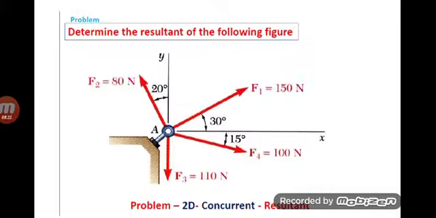This is 2D, so we are considering only the X and Y plane. There are also angles at which the forces are acting. So this problem comes under 2D and concurrent, and we are going to find the resultant. How to find unknowns will be the next problem. First we will see how to find the resultant.